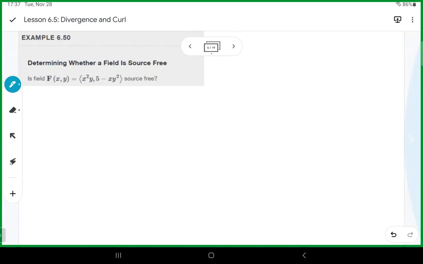All right, determining whether a field is source free. So is the following field source free? What we need to note is that the domain of F is R squared, which is simply connected. Furthermore, F is continuous with differentiable component functions.